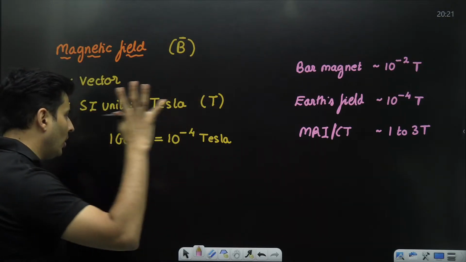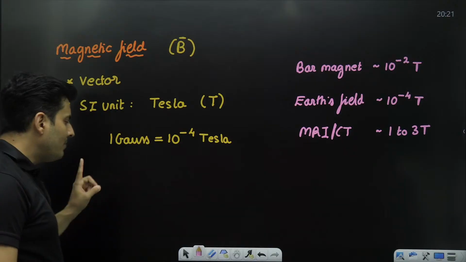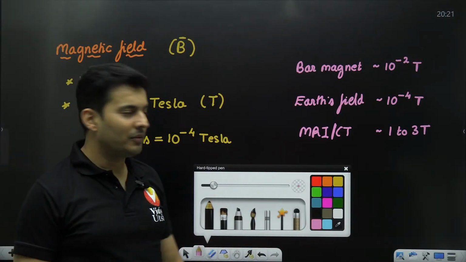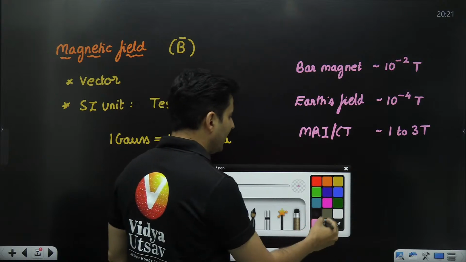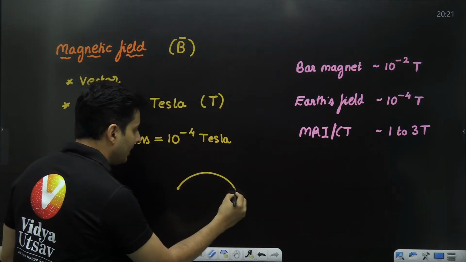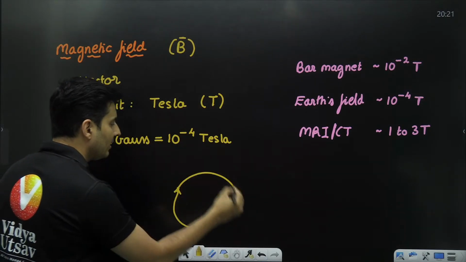Perfecto. So now you got what a Tesla is, what the unit is, and what magnetic field is all about. One peculiar property of the magnetic field, which is not similar to that of electric field, is that the magnetic field lines never start and end, rather they continue and come back to complete the loop.